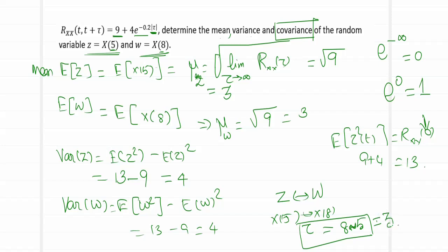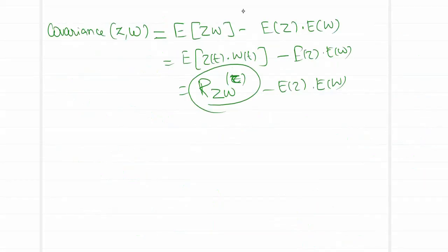So where will we have to substitute this 3 now? This 3 will be substituted in place of tau over here because our tau is 3. So what we will have over here is 9 plus 4 e power minus 0.2 times modulus of 3. This is what I have for my autocorrelation when tau is replaced by 3. Now, what is E of Z?